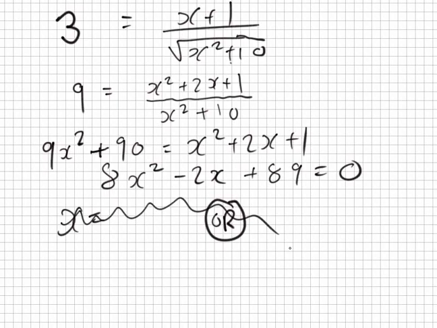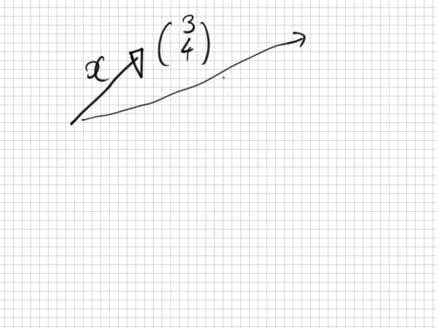Importance of dot product. So here is vector x, which is 3i plus 4j, and then here is vector y, which is 5i and 12j. Well, that's totally not to scale.